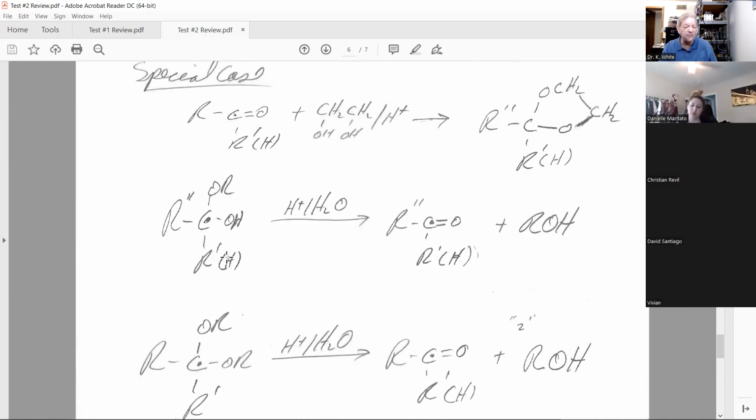Now, once you make these compounds, what can you do with them? Well, if you take a hemiacetal or hemiketal, react it with acid and water, you get back the aldehyde or the ketone plus the alcohol you would have used to make that hemiacetal or hemiketal.